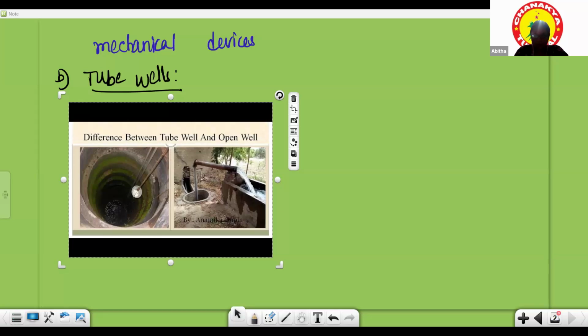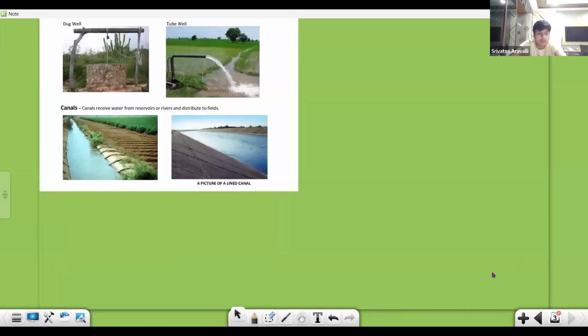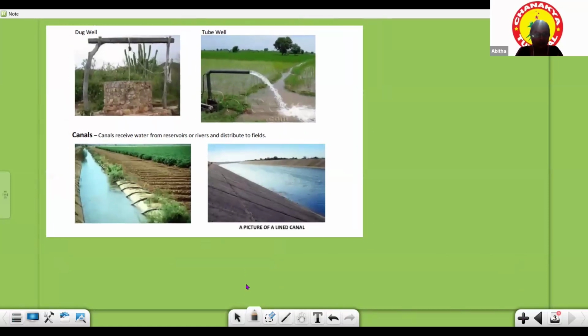I'm adding one more picture. So see here, this is dug well.